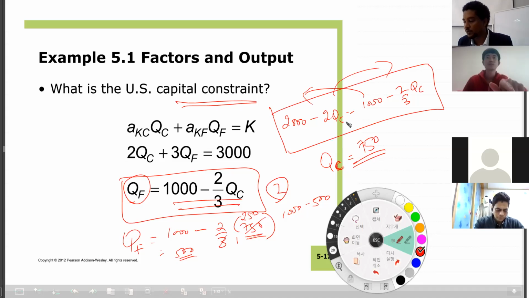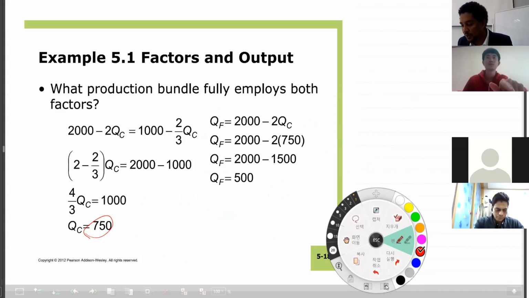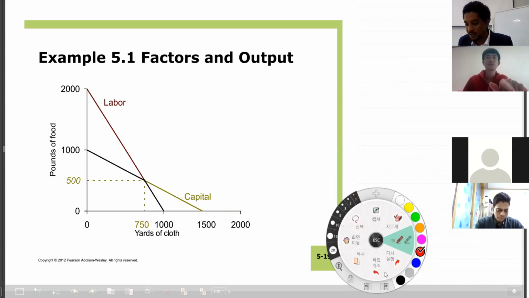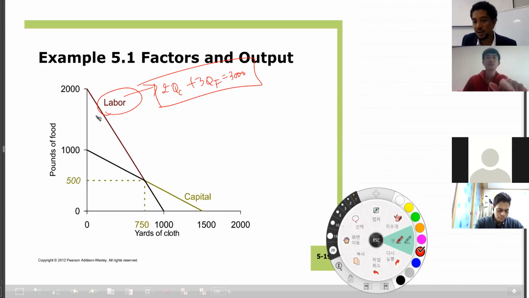Because QF is equal to this one and this one, you compute QC, and from QC you compute QF. That will be the production possibility line, okay? So this is our QF. Then this one is the labor constraint. This is drawn using this equation. 2QC plus 3QF is equal to 3,000. This is how this is drawn, okay?